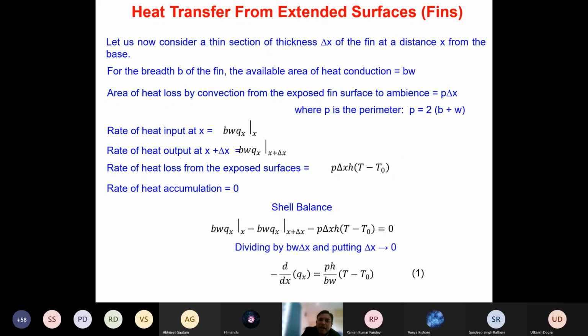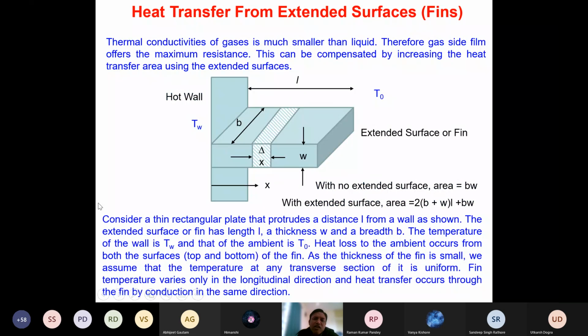So when we are looking at the fin, I definitely want to design my fin in such a way that eventually, as I reach this longitudinal end here, my temperature should become the same as T naught, isn't it?